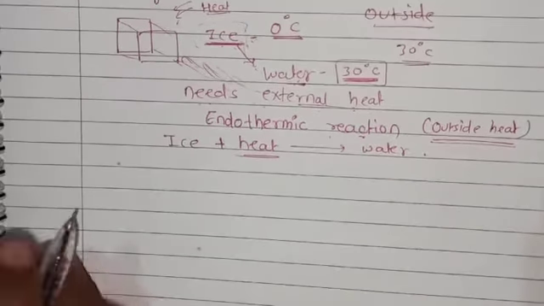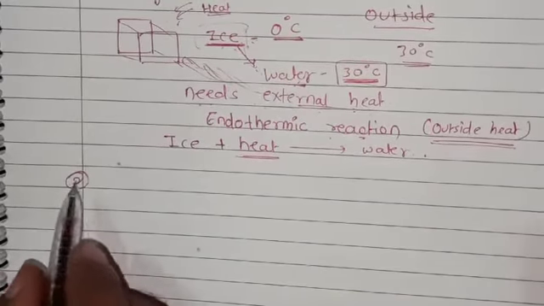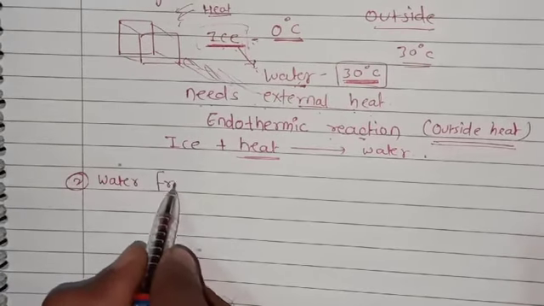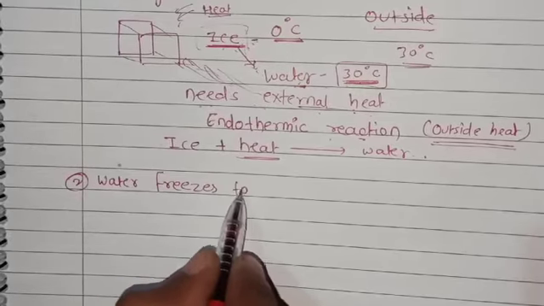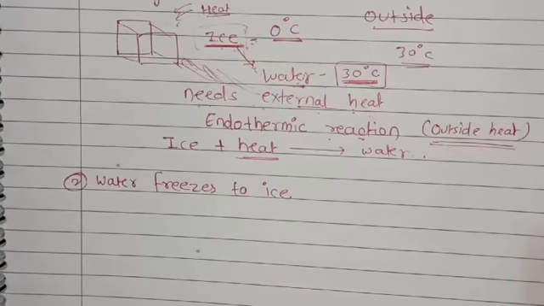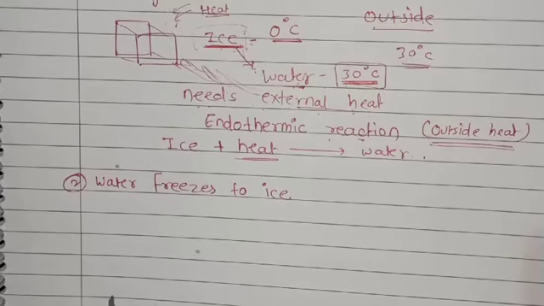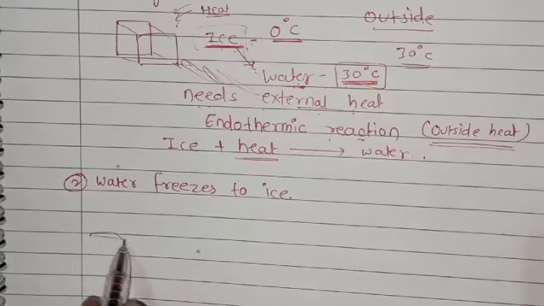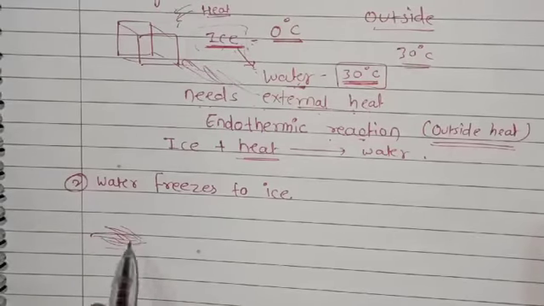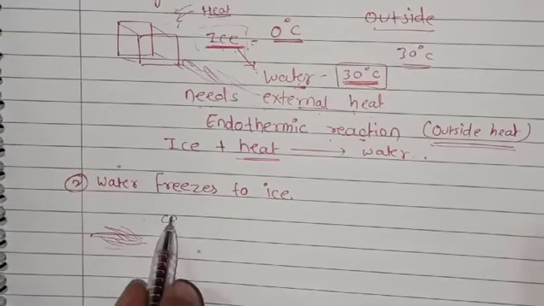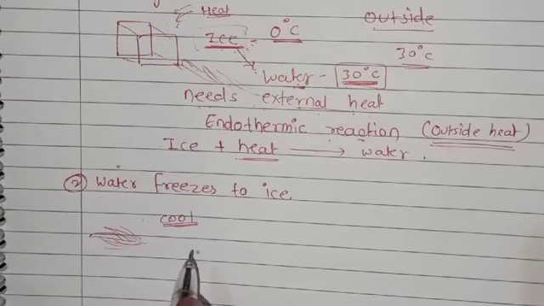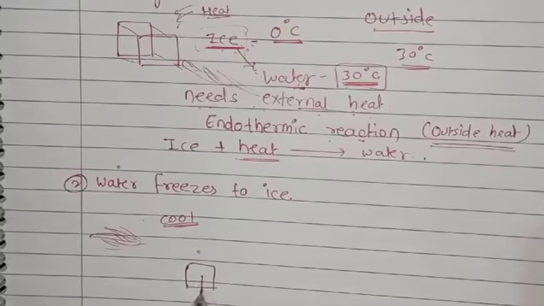Now second example, water freezes to ice. Now water is freezing to convert into ice. So suppose there is water, and if you cool this water, then it becomes ice.